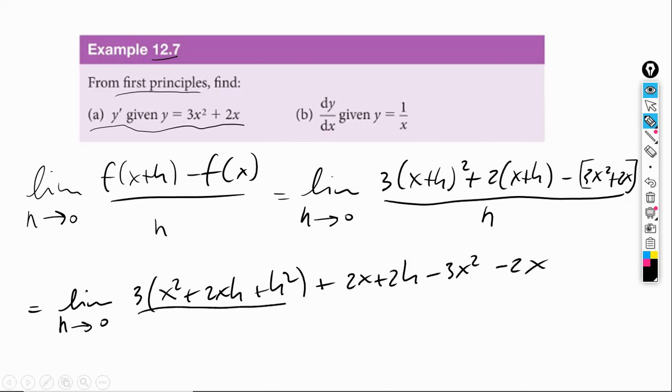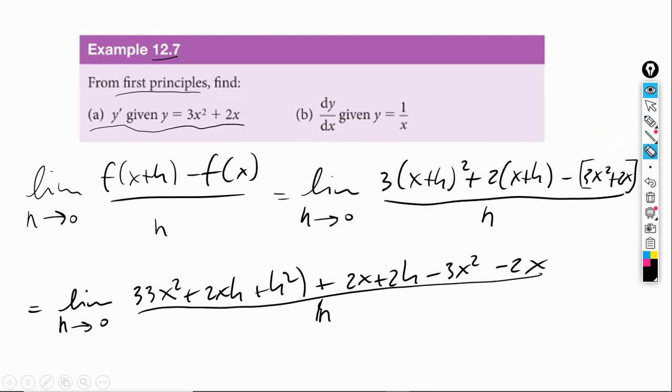And all of this over h. Let's multiply this by 3 now that we're here, so we have enough room to finish this. So 3 times x squared is 3x squared.